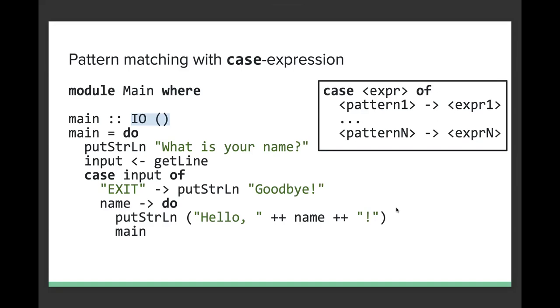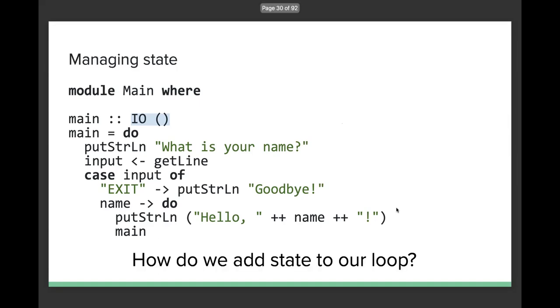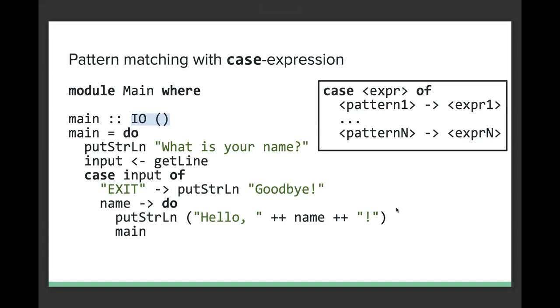With case, you only pattern match against one expression. So that's a limitation that you might want to keep in mind. Oh yeah, for every pattern, you can have guard expressions, like with functions.